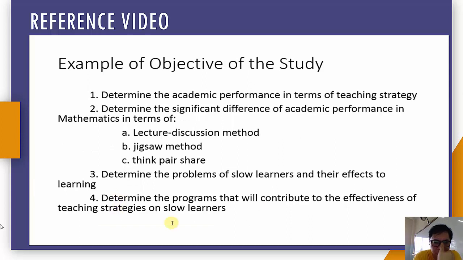So, ito yung objective ninyo: determine the programs that will contribute to the effectiveness of teaching strategies on slow learners. So, mas maganda ito kasi from statement of the problem, gagawin ninyo ng solution or the objective. So, parang similar lang sila, related lang sila.